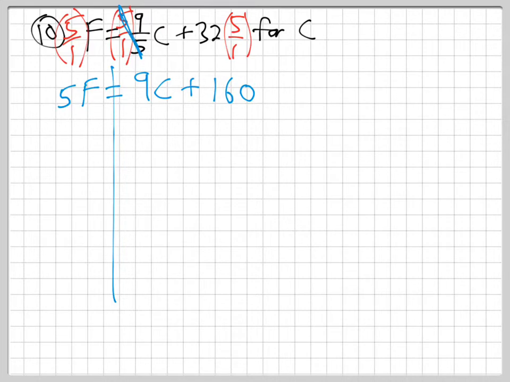Now, there's a couple letters. What letter are we trying to get alone? C, right there. So C is saying, I want to be alone. Get rid of all this stuff so I can be alone. So what do we do next? Subtract that 160.